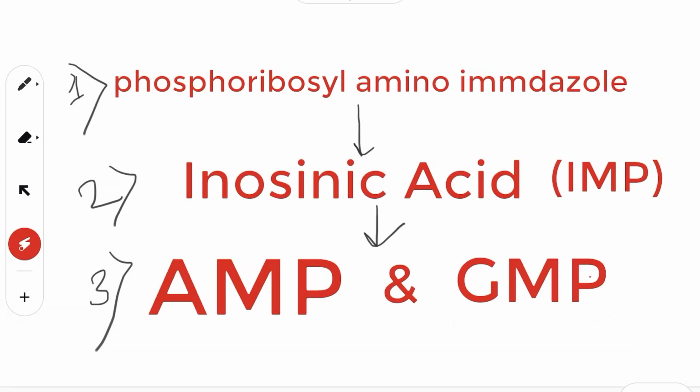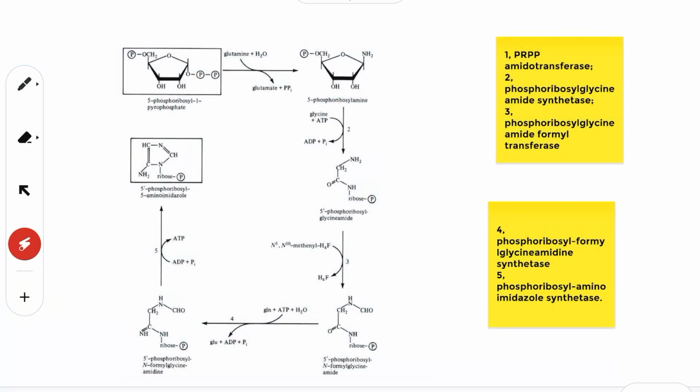So from the precursors, the phosphoribosyl aminoimidazole ring is synthesized. It is a 5-step reaction, and then it is used for synthesis of IMP, and then IMP is used for synthesis of AMP and GMP. So first we will study the synthesis of phosphoribosyl aminoimidazole.